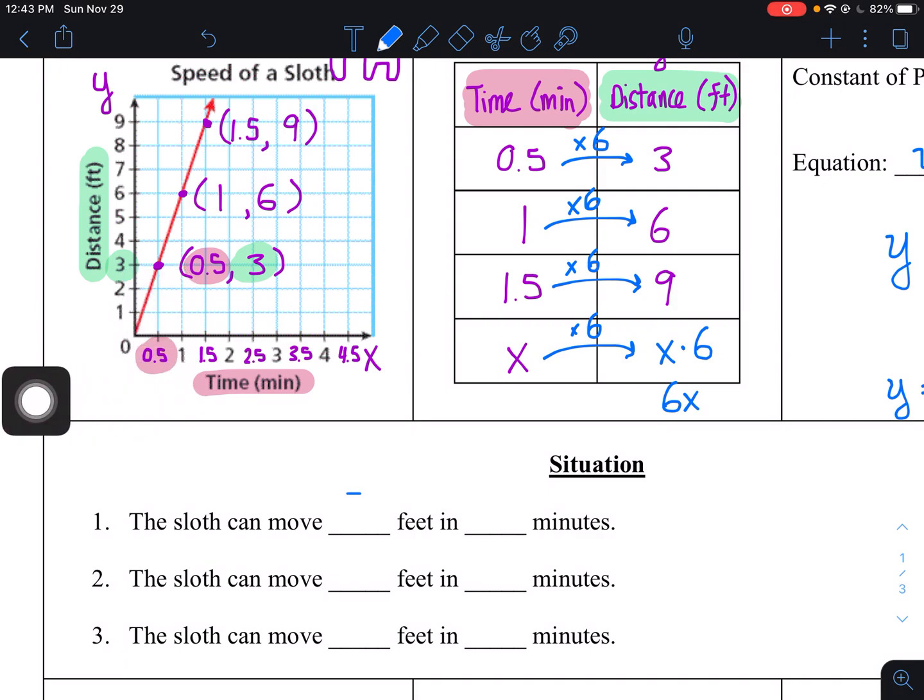So I can write, 3 feet in 0.5 minutes. The next point is the sloth can move 6 feet in 1 minute. Lastly, the sloth can move 9 feet in 1.5 minutes.